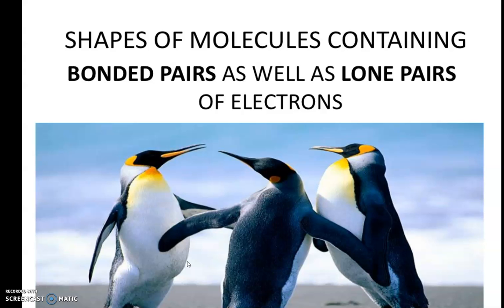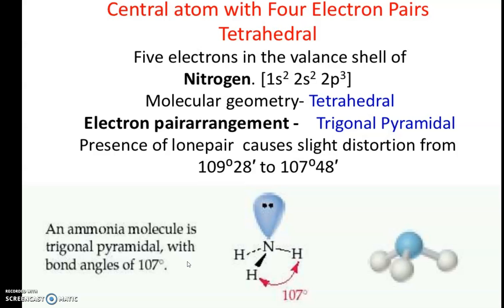If a molecule has lone pairs too, what will happen? A central atom with 4 electron pairs is tetrahedral, as we discussed. But if we take nitrogen having 5 electrons in the valence shell, according to this theory it should be tetrahedral.